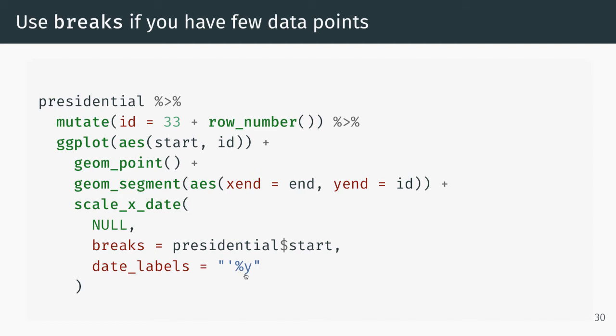So %y is kind of a standard notation for 2-digit year. If you have a Linux or Mac machine, you can actually just type in man date. That's not one word, that's 2 words, man, and then date, all lowercase. And among other things, you'll see all the different formattings that you can use for a date. You can have the 4-digit year, the 2-digit year.